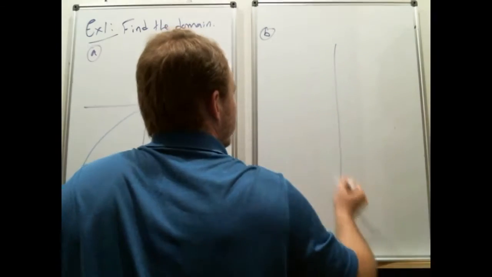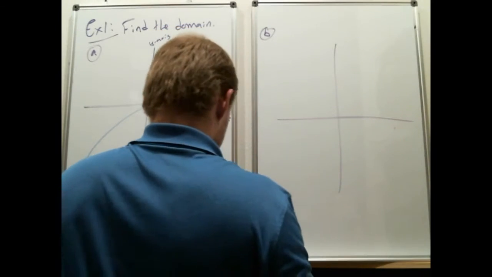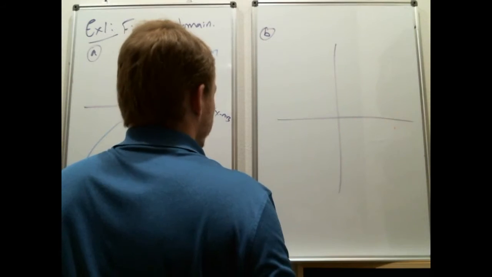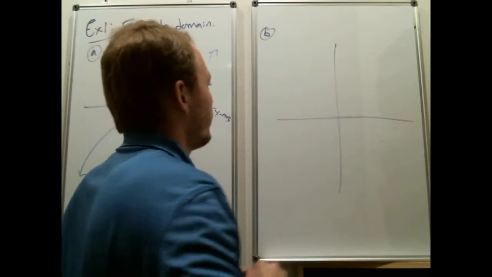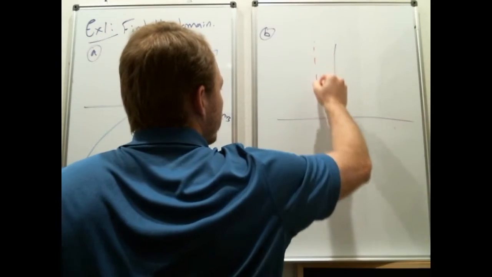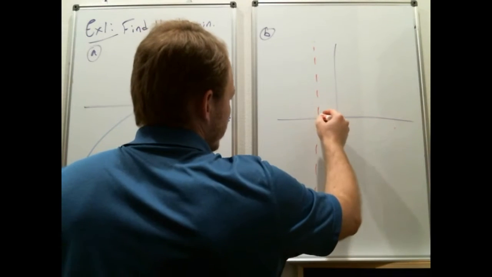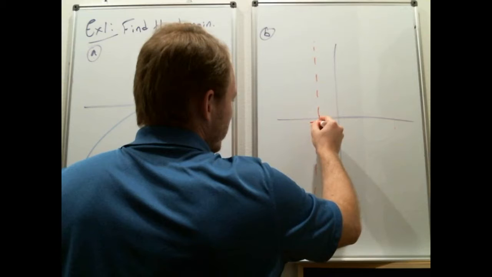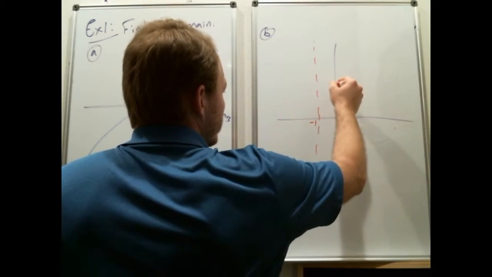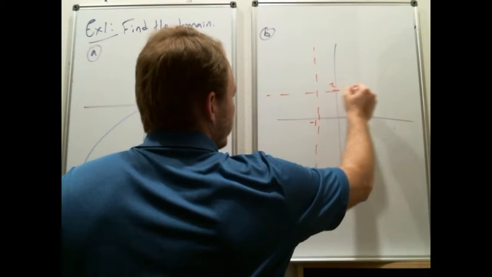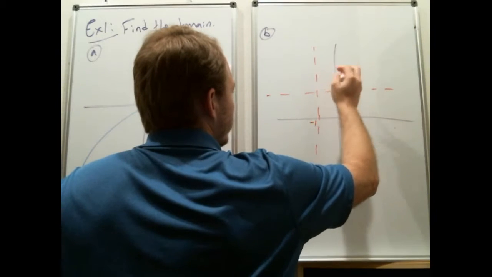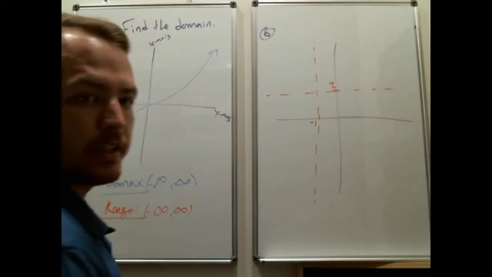So here's our graph, and let's say we have a dotted line at 1, negative 1, and then at 2 we have another dotted line there. And what are those dotted lines called?